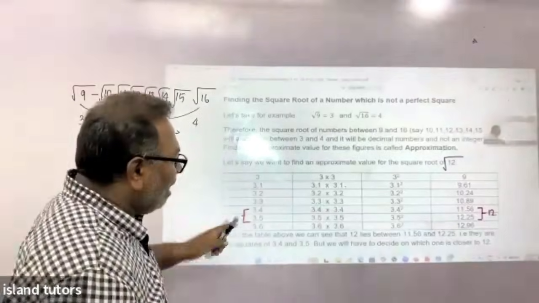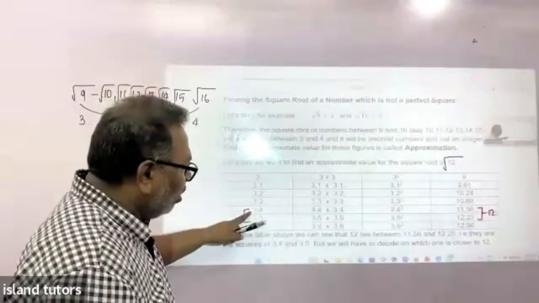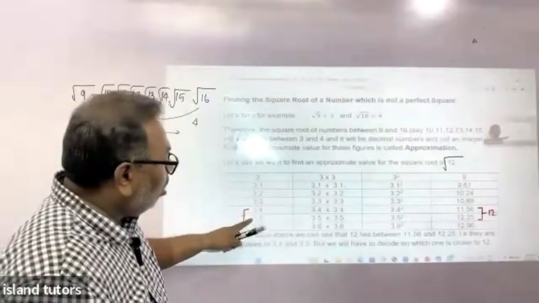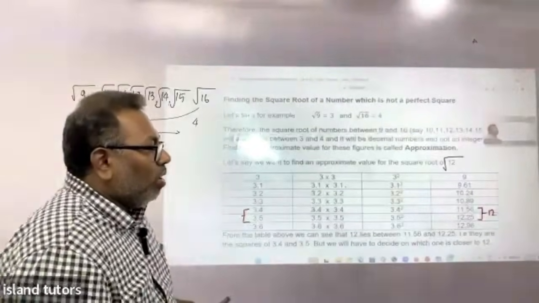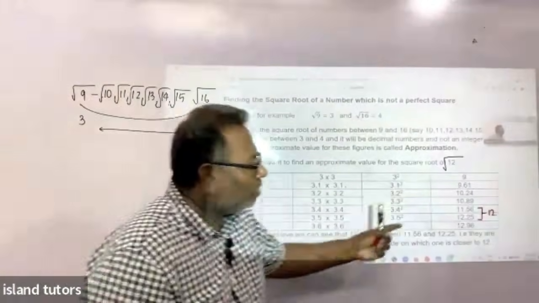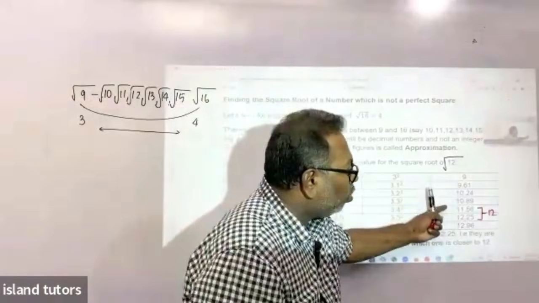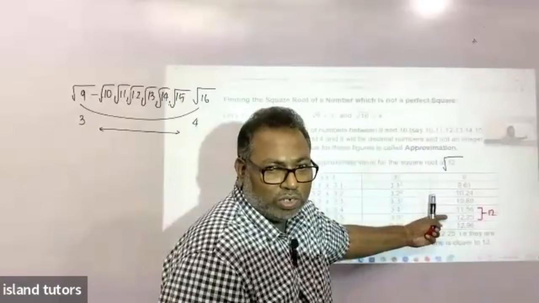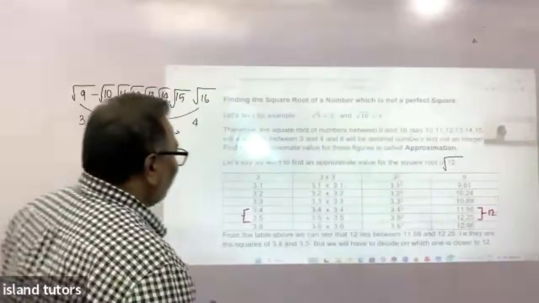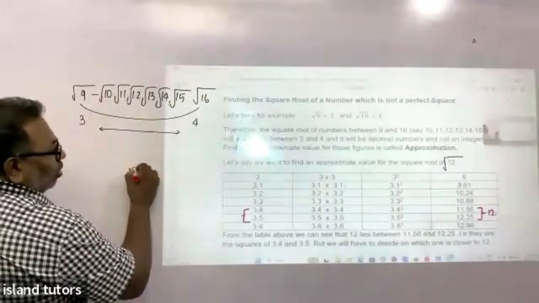Now, which value am I going to take for 12? Am I going to take 3.4 or am I going to take 3.5? So, what I have to do now is see whether 12 is closer to 11.56 or closer to 12.25. Which one is the closer value?